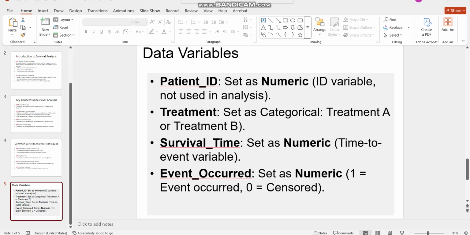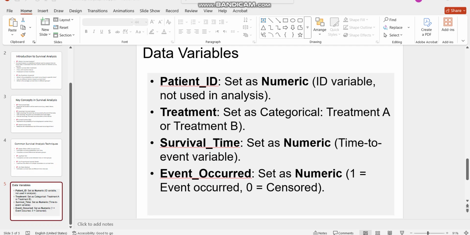For the sake of this exercise, I chose a very simple data to perform the analysis in SPSS. Patient ID, as in any data, you have a unique ID for every patient. This will not be used in the analysis, just for reference. Treatment, for example, here we will be comparing two treatments, A and B. The survival time, here the survival time from the time the patient took treatment A or treatment B, how many months did he survive?